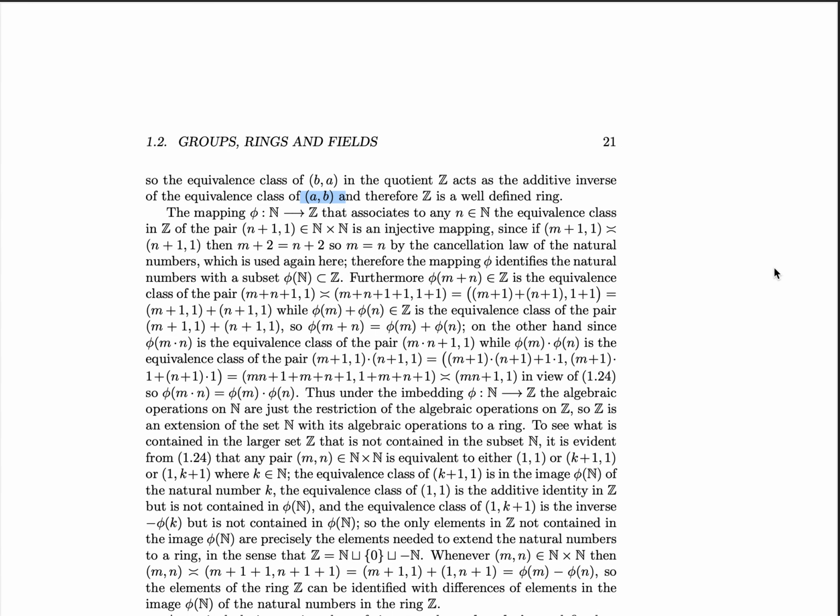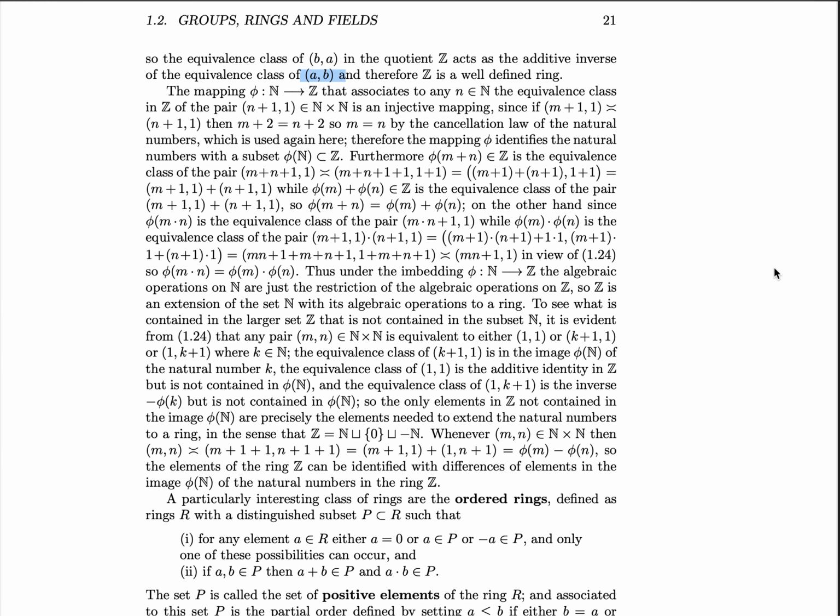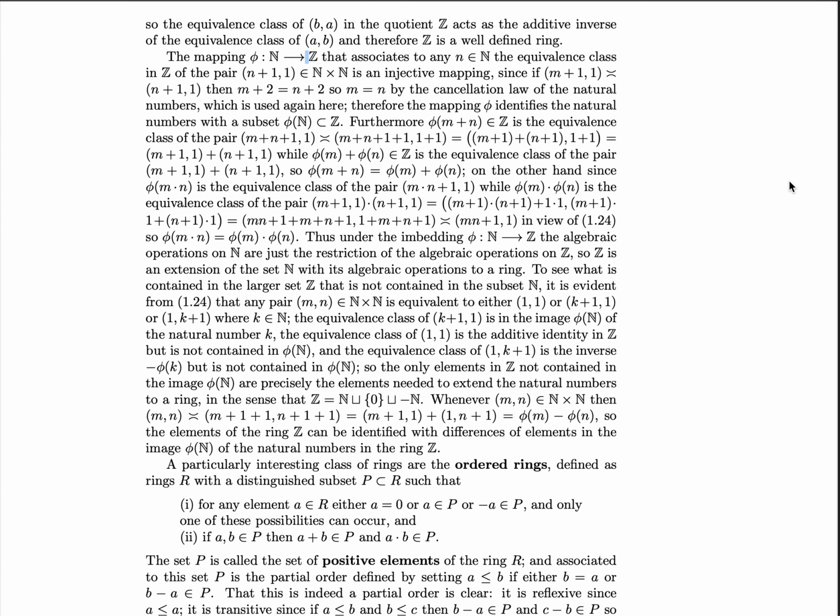With this ring structure created, we can now consider some mappings and relationships between the natural numbers and our integers as we've constructed them. Namely, consider a mapping phi from the natural numbers to the integers that associates any n with its equivalence class of the pair (n plus 1, 1), which is an element of the Cartesian product of the natural numbers with itself.